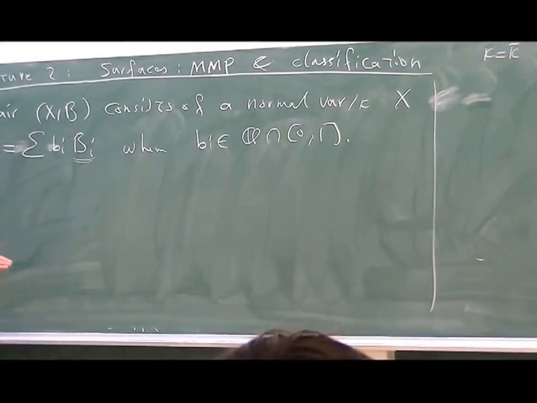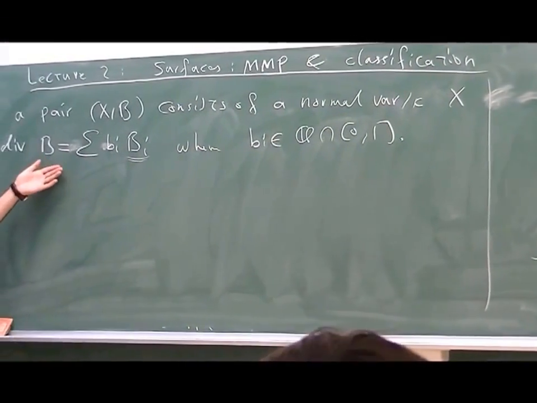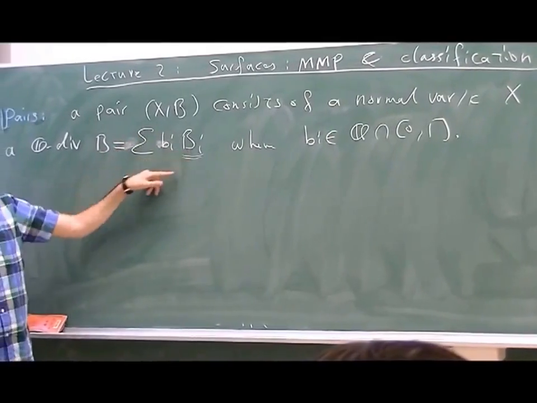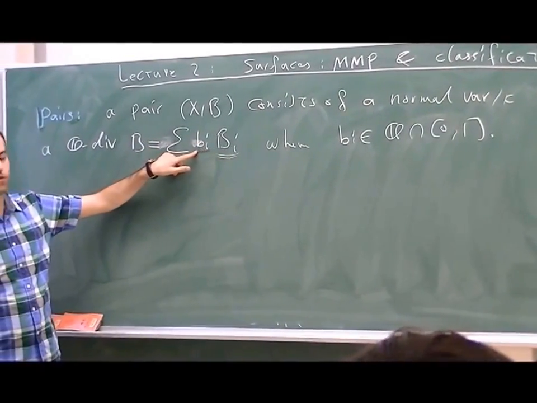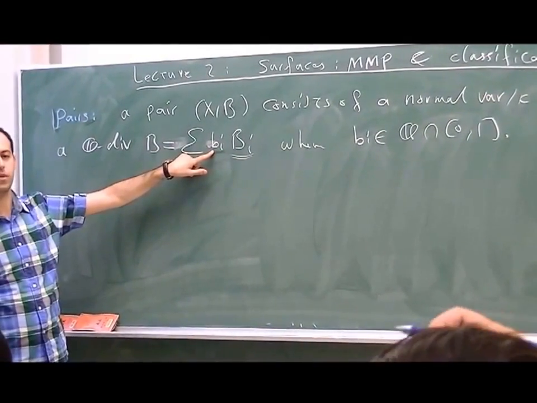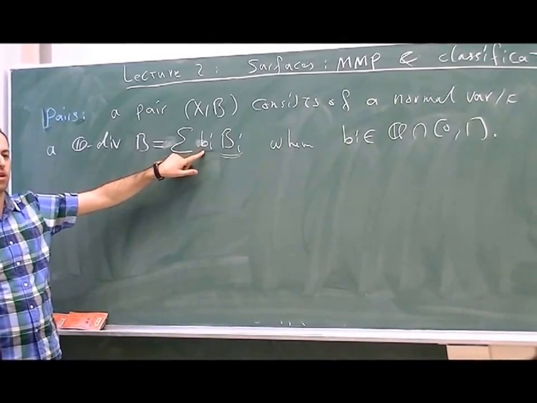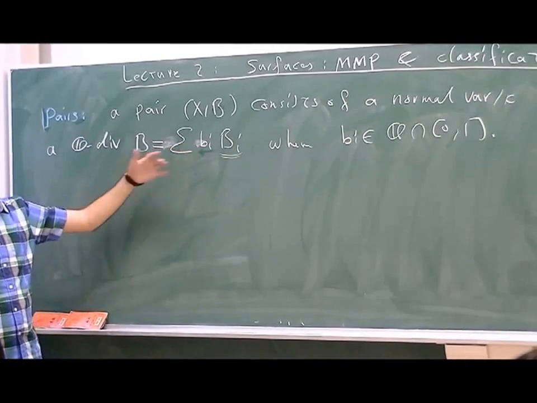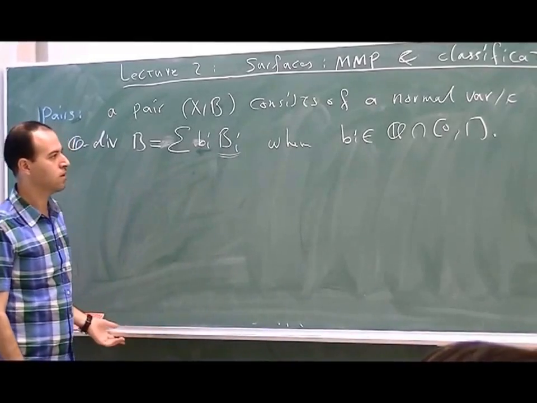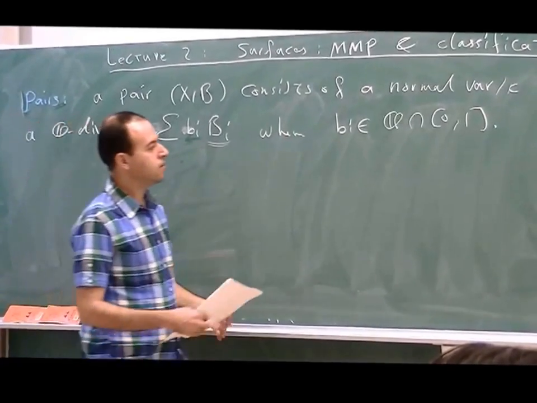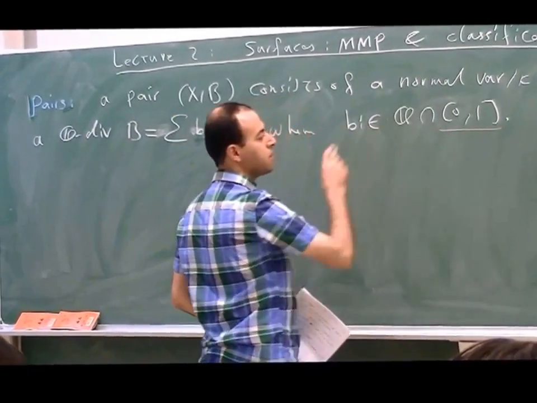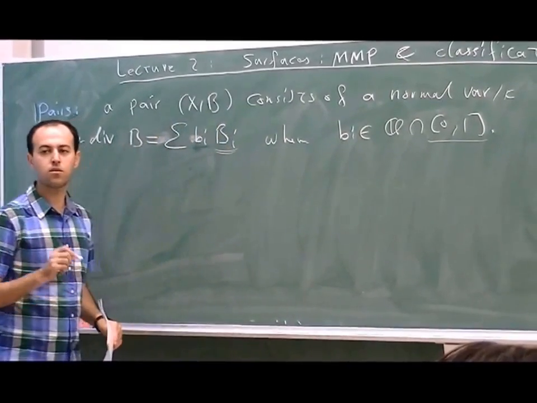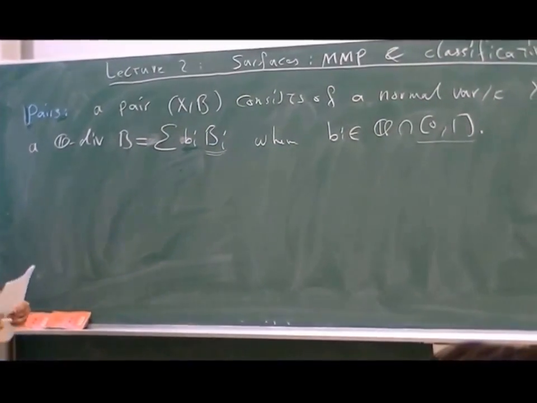So in algebraic geometry or differential geometry, you have a divisor written in this form. Usually these coefficients are integers. But in birational geometry, we allow rational and sometimes even real coefficients. And this is very important for technical reasons. And this is maybe very important to remember. We like this coefficient to be between 0 and 1, not larger.